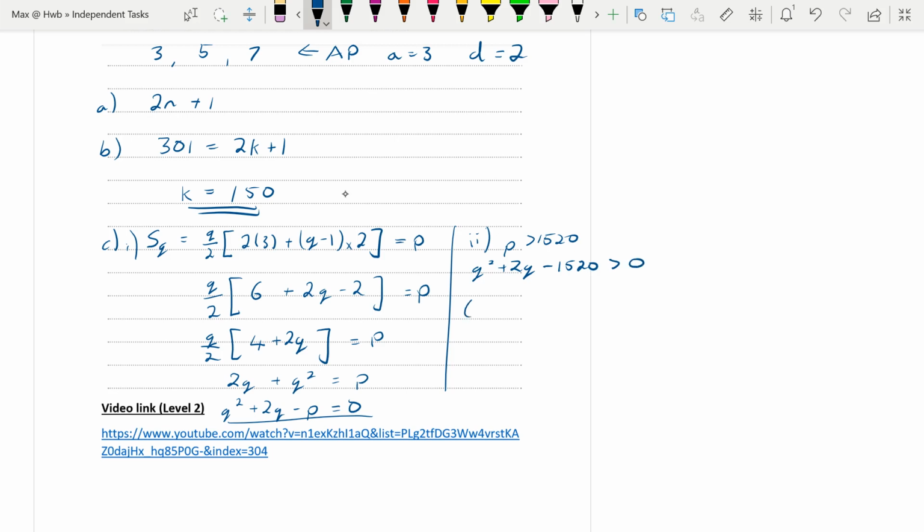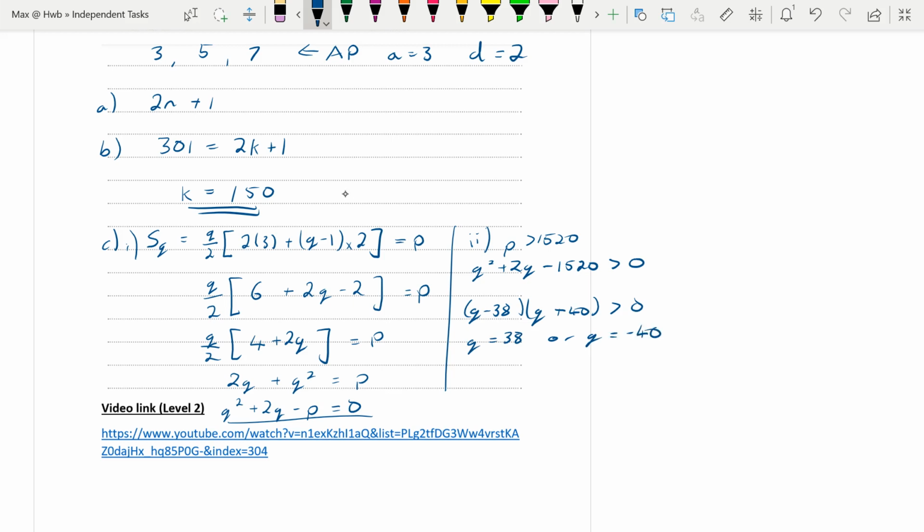I'm going to solve it. I'm going to factorize and solve from here. If I factorize it, I get q minus 38, and q plus 40. So I get q is 38, or q is minus 40.